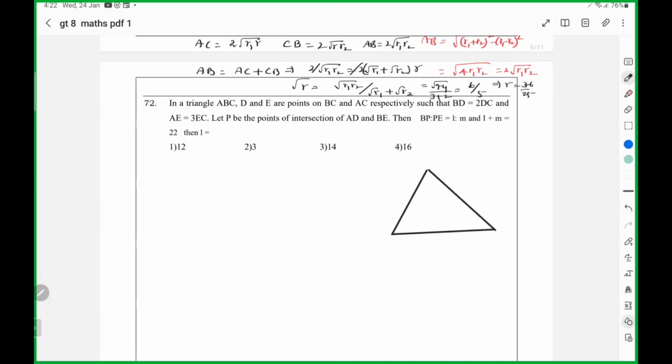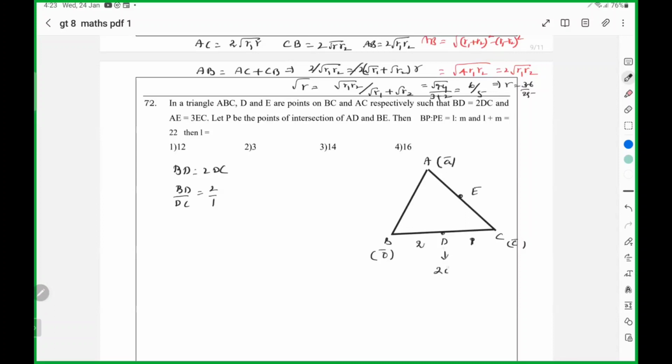In triangle ABC, D and E are midpoints of BC and AC such that BD is 2DC, right? That means BD by DC is 2 by 1. So for this ratio, let us take one point as origin so that the problem becomes easier.